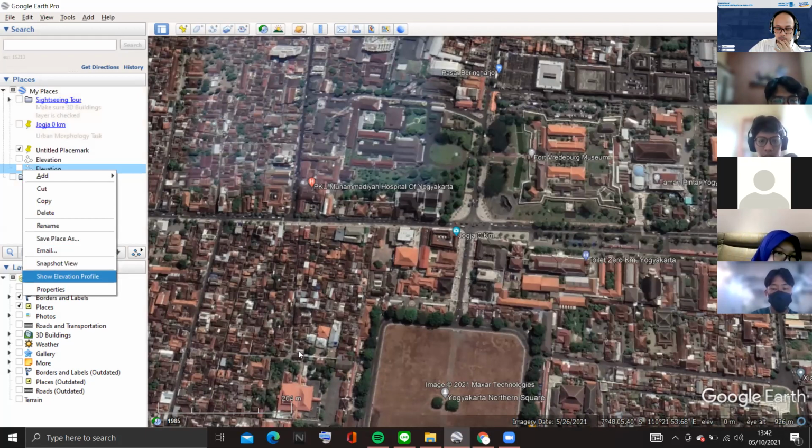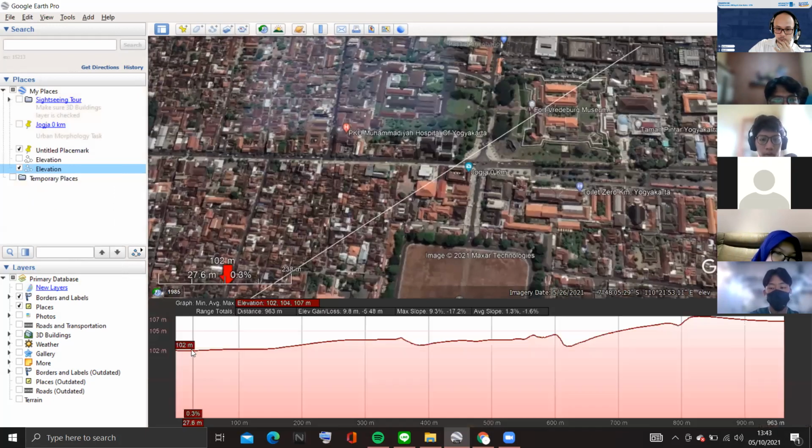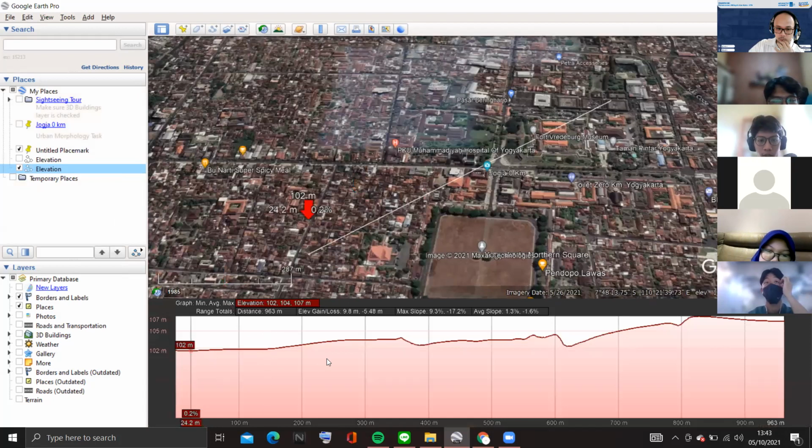Okay, so when I zoom it to approximately 1 kilometer, it is quite flat. So I think this is the topography of Yogyakarta, of our study case area.